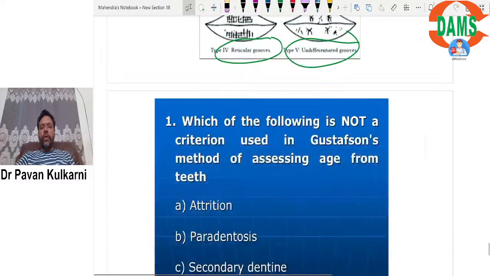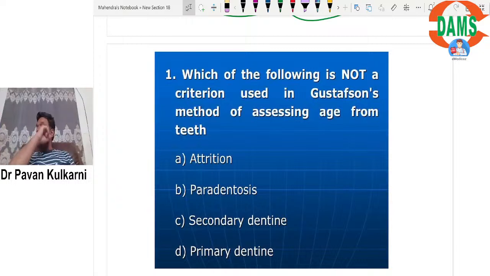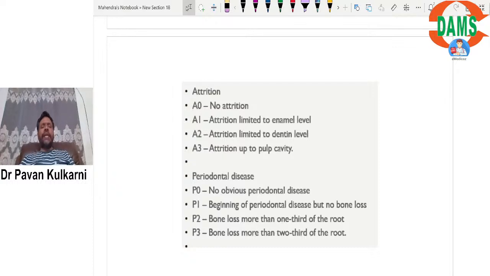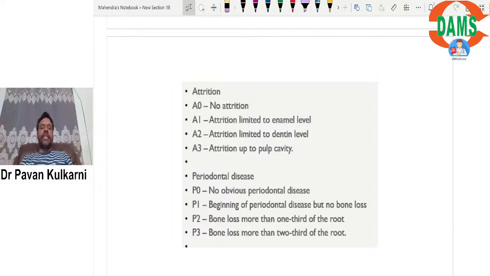Now, all of us know Gustafson's method of age estimation. To answer this question, let us see what the criteria are, and which is not a criterion. We know that attrition is a criterion. Gustafson told that we have to include periodontal disease.